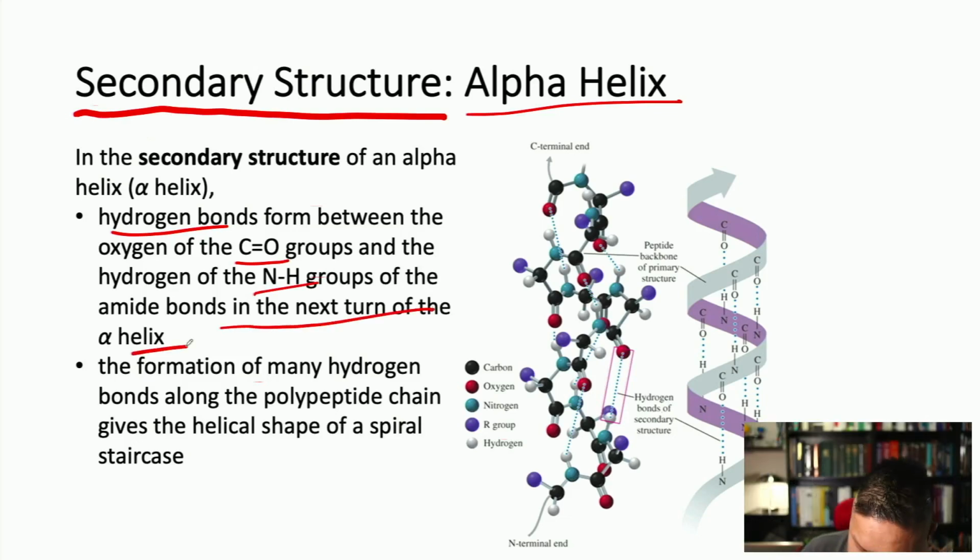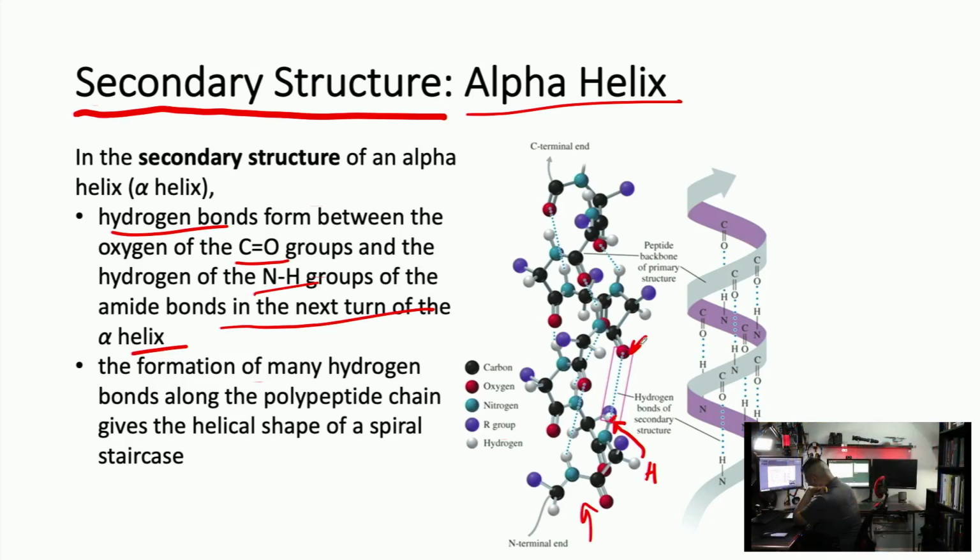So literally, what's happening here is that we have an amino acid right here on the N-terminal end, and it's bending around, and it has a hydrogen right there. And that hydrogen is bonding with the oxygen from the carbonyl of the next peptide bond.